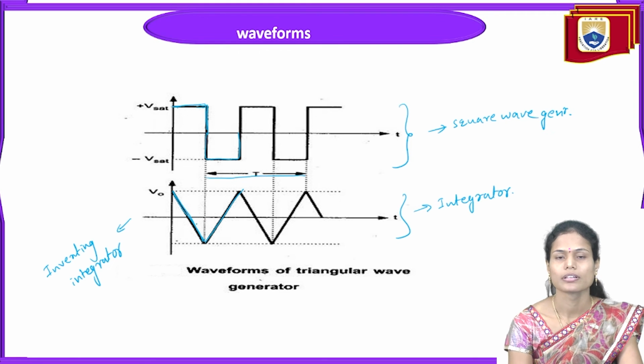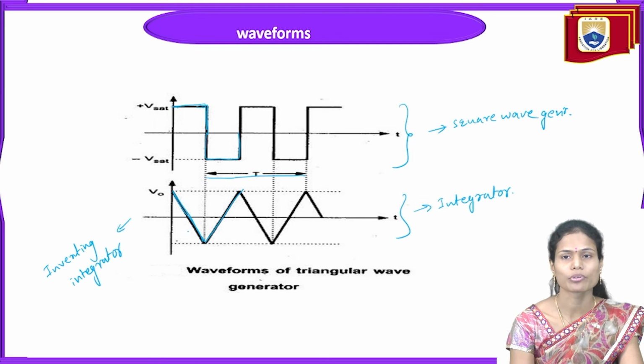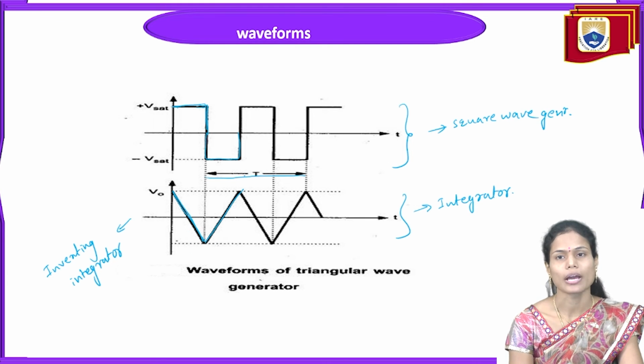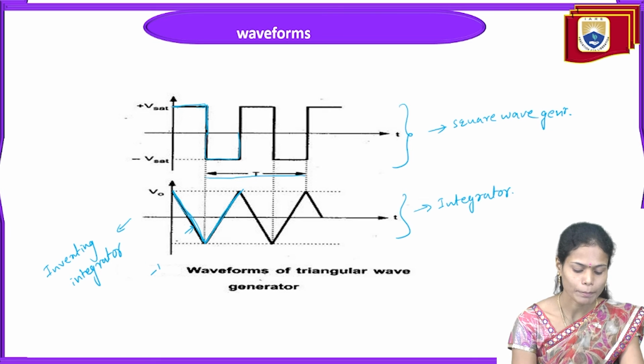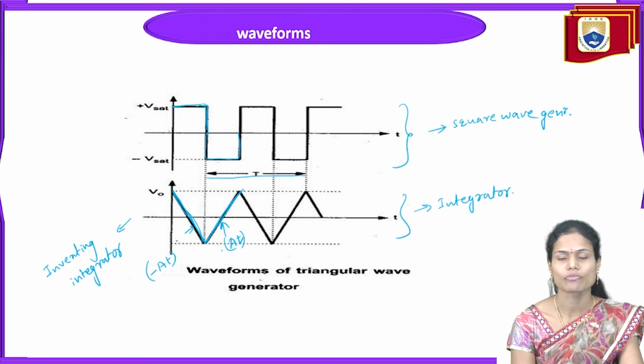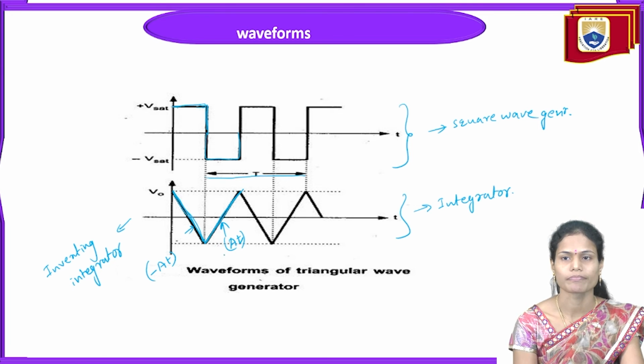So for the rising edge it provides the falling ramp, and for the falling edge it provides the rising ramp signal. The combination of this negative going ramp and positive going ramp gives the triangular wave signal. This one has the slope minus 80 and this one has the slope plus 80. The combination of these two gives the triangular wave signal.